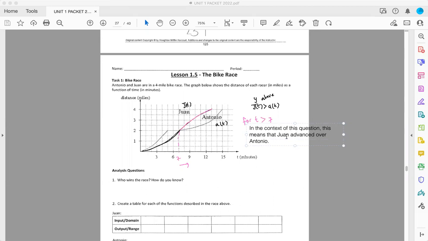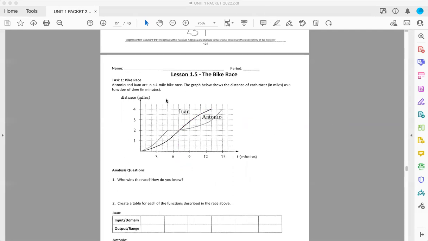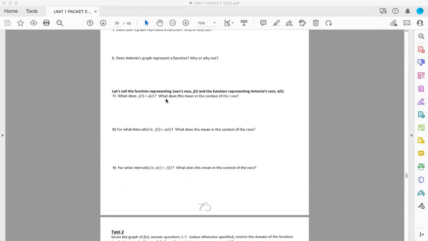He basically took the lead. That's the context, because the graph is above. Not only were they at the same point at 7, 2, at 7 minutes and 2 miles, but then Juan took over. So this is pretty much questions 7 and 8.